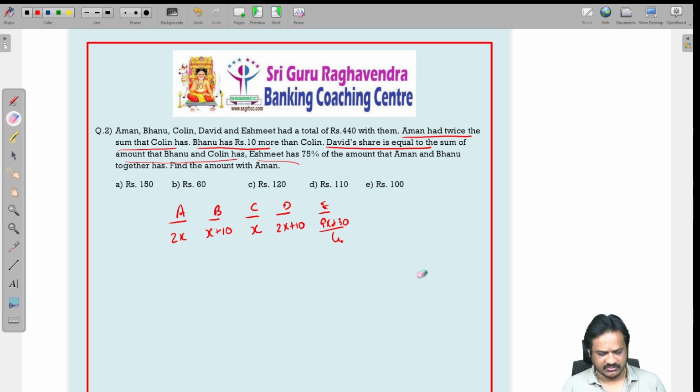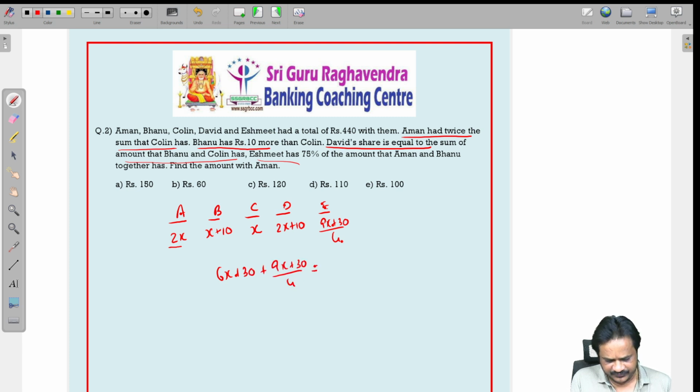Here, find the amount of Aman. If you take the total of all the persons, 2x plus x plus 10 plus x and 2x plus 10, total it will be 2x plus x, 3x, 4x and this is 6x. 6x plus 30 plus 9x plus 30 by 4 is equal to 440. This is given.